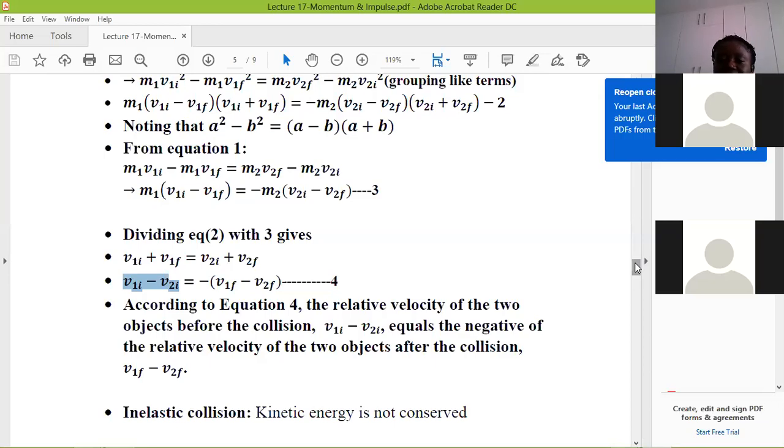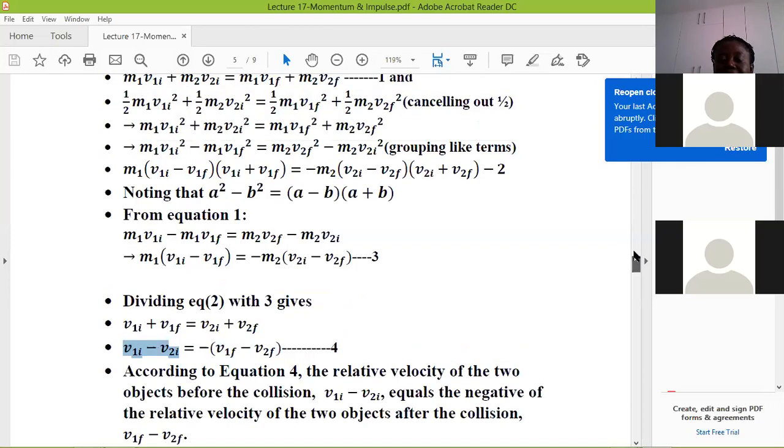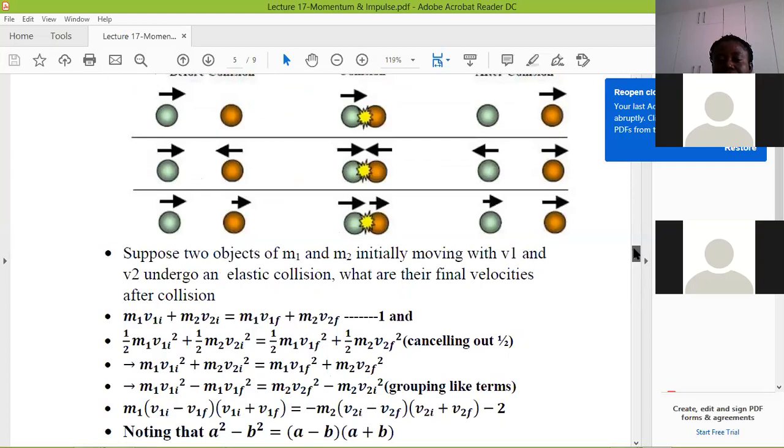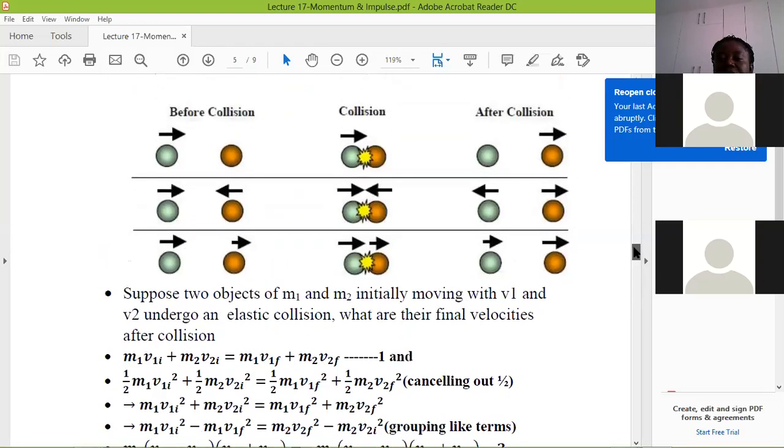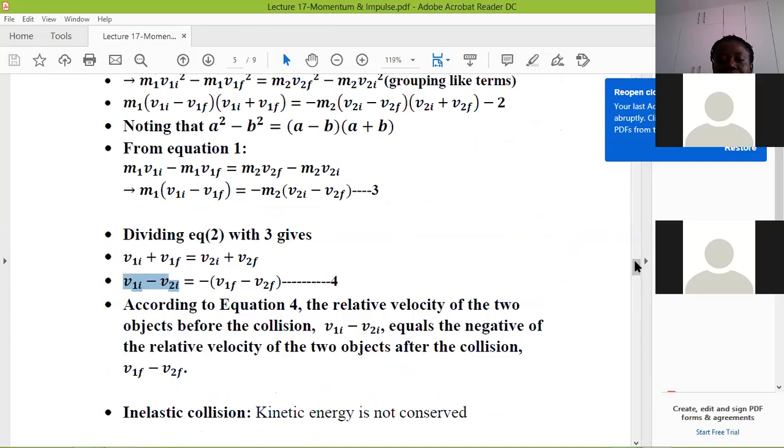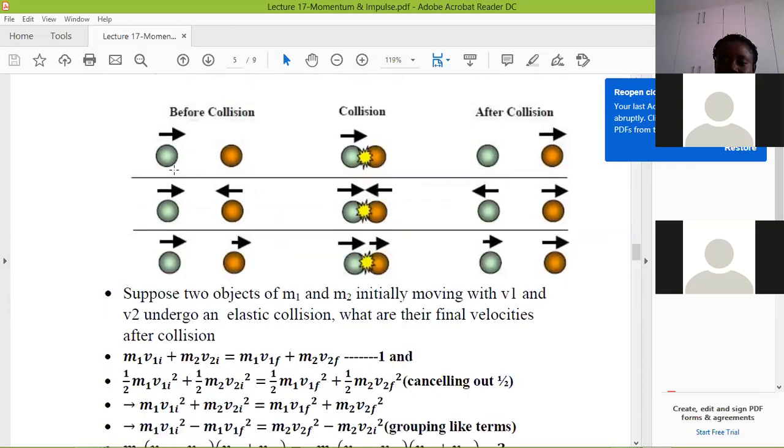So this is not a surprising result also, because if you look up here, into this one here, it says that the initial velocity, if you take the velocities of the first before the collisions, it's going to be equal to the negative difference between the two velocities of the same object that went through the colliding.